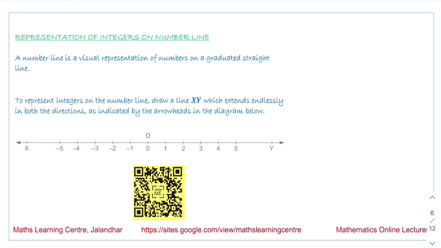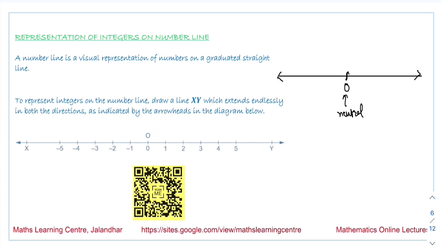Now the next we have is the representation of the numbers on the number line. The first kind of representation we are going to talk about is the representation of the integers on the number line. What we do is we just draw a straight line. On this line we mark a point 0, that is the neutral point.